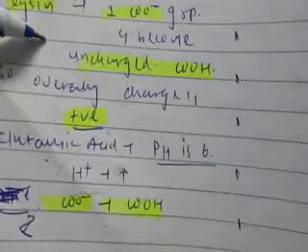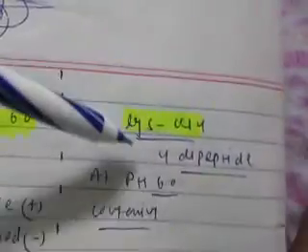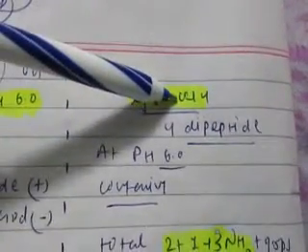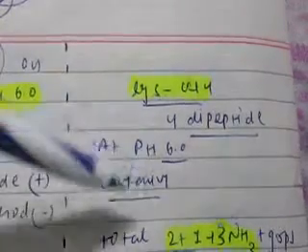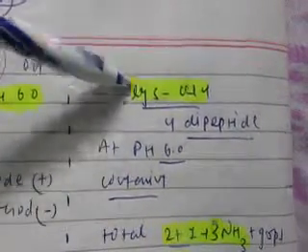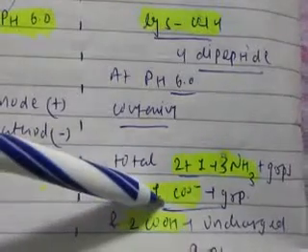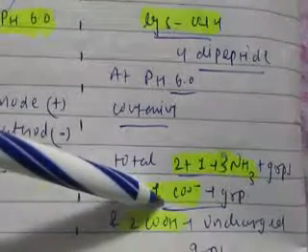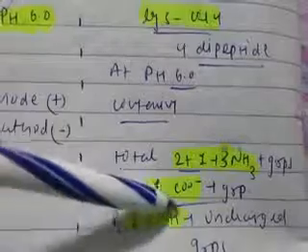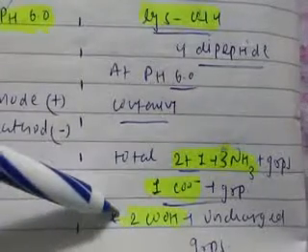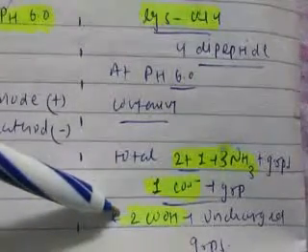Right. So now apply this concept to this problem: the lysine-glutamic acid dipeptide at pH 6 contains a total of how many groups? Total 2 plus 1, so 3 amino groups are there, whereas 1 carboxylic group is in its negative form and 2 protonated carboxylic acids are present, right?